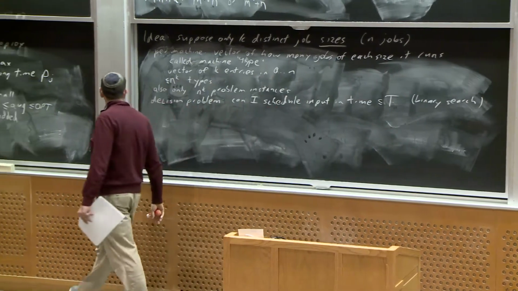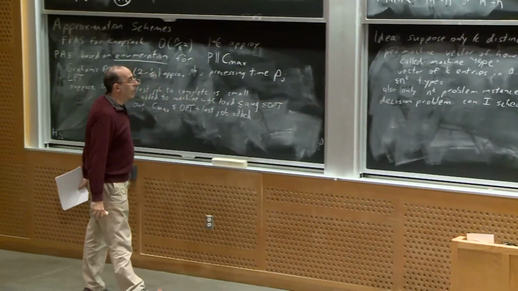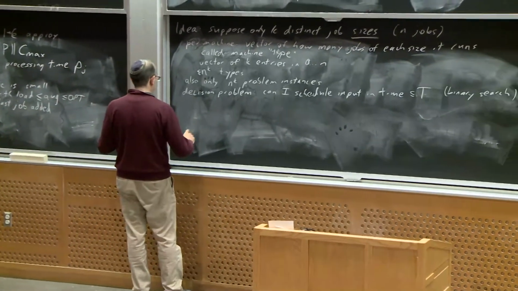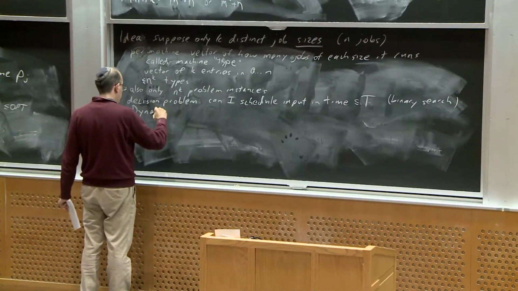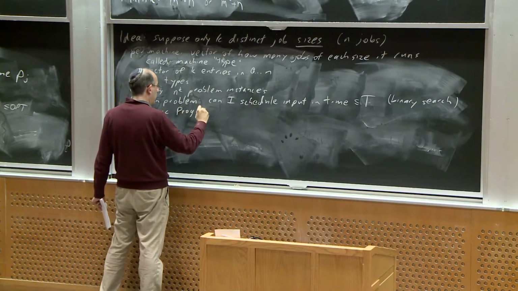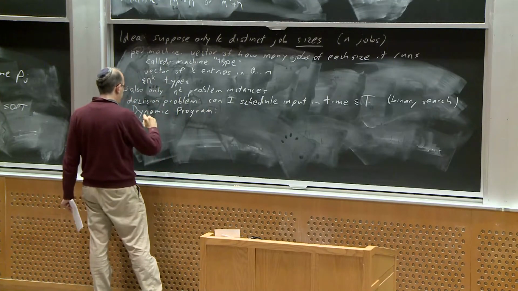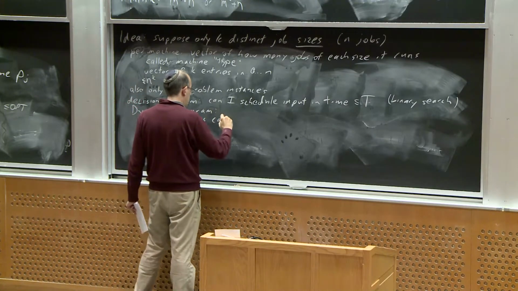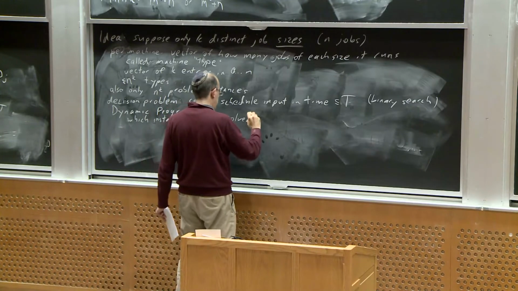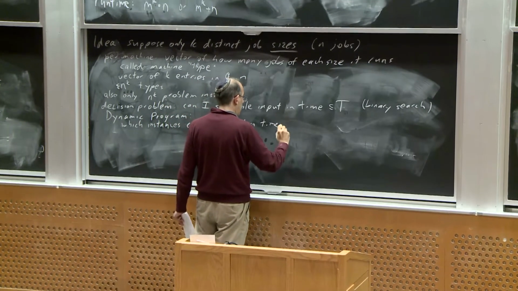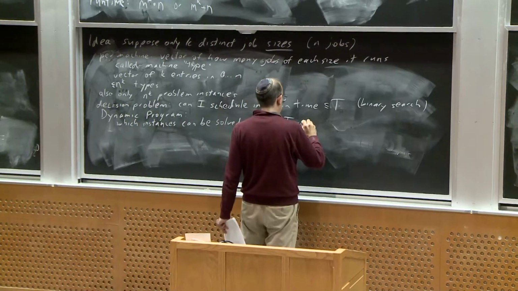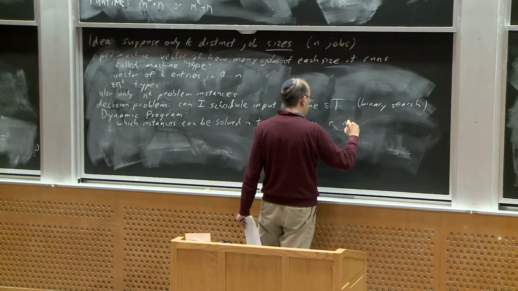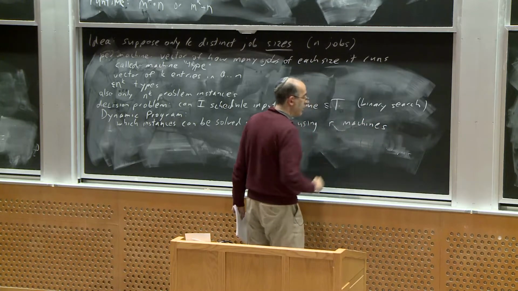And how might I solve this decision problem if I'm focused on these different machine types? Well, what I'm going to do is use a dynamic programming to answer the following question. Which instances can be solved in time at most t using some number r of machines?